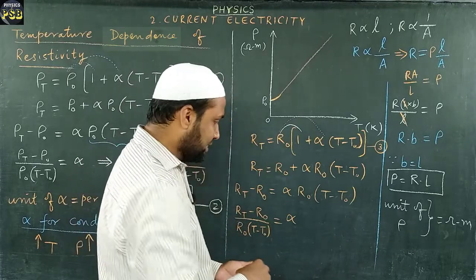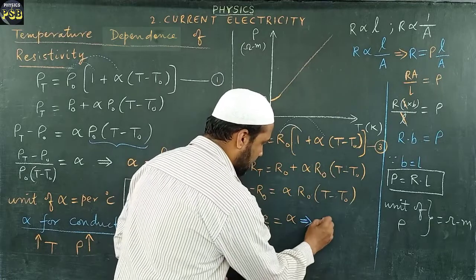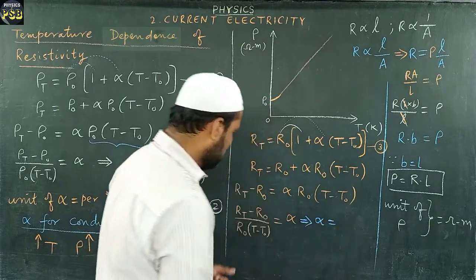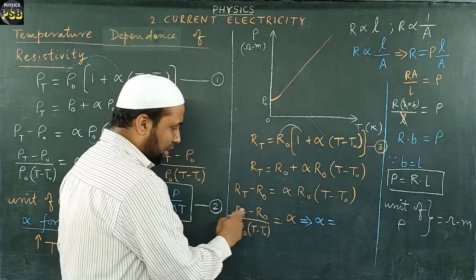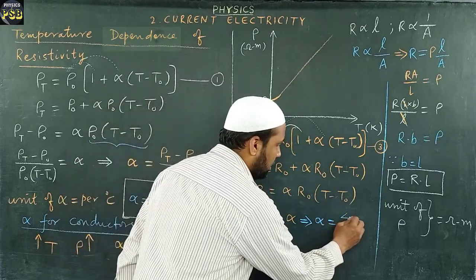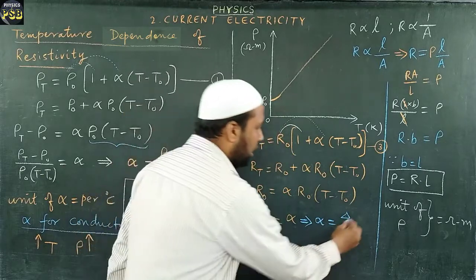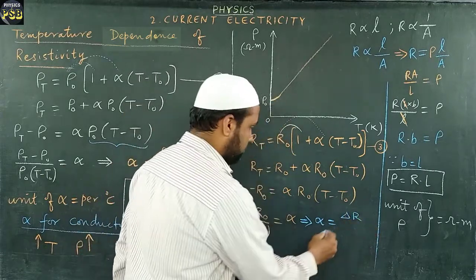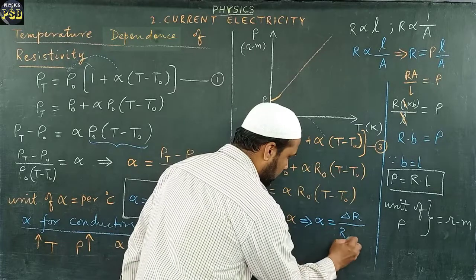Now this can be written as alpha equals, in the place of RT minus R naught, I use delta R upon R naught.